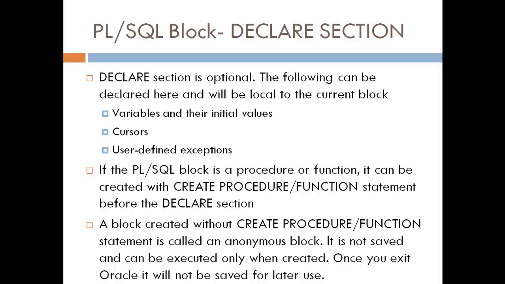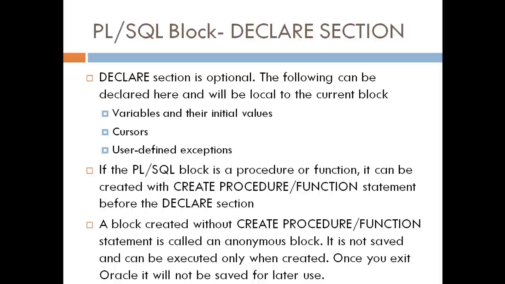So you can declare the variables and initialize their values. You can define your cursors, that is the temporary workspaces for storing the data from tables, and you can define your own exceptions. These exceptions are just required by your code, and they are not available in Oracle beforehand.